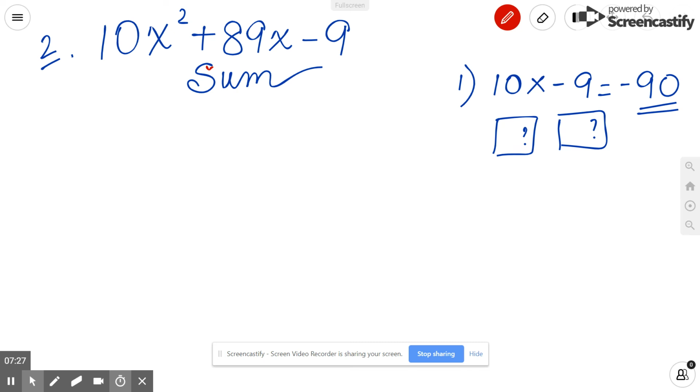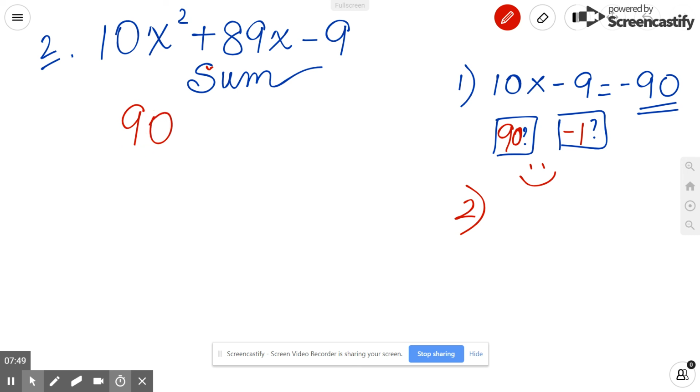So all right, after some thinking, I feel like the 2 numbers that I have are 90 and negative 1. So you can see and check 90 times negative 1 is negative 90, and 90 minus 1 is 89. So yes, these 2 numbers are holding true as to my condition in the question.